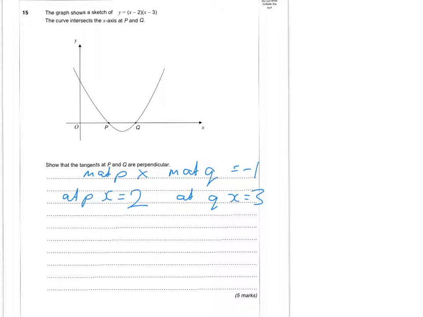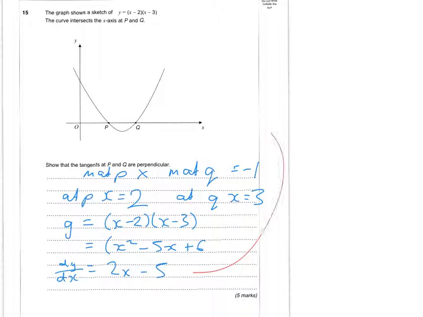I want the gradient, so I'm going to differentiate. So y is equal to (x minus 2)(x minus 3), which is x squared minus 5x plus 6, dy by dx is equal to 2x minus 5.